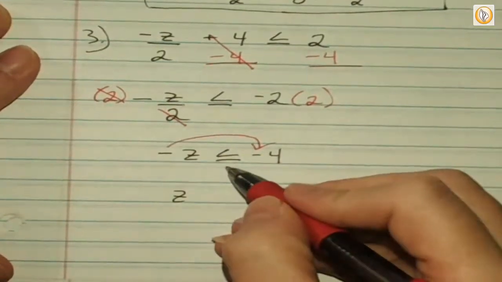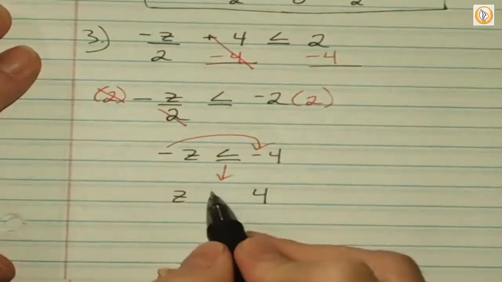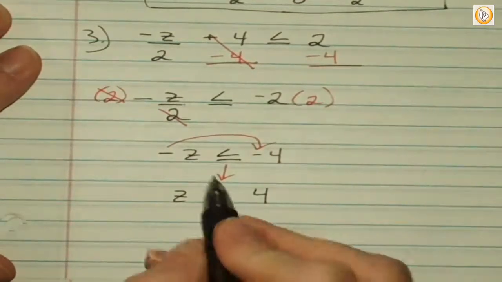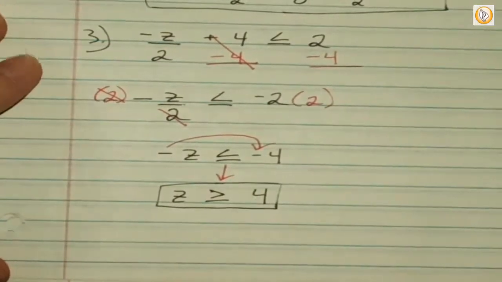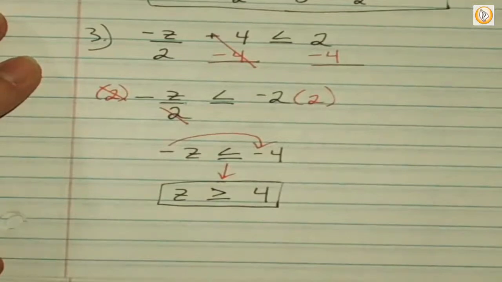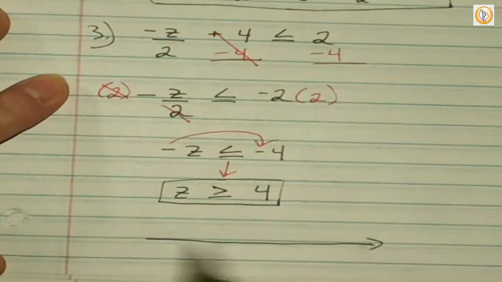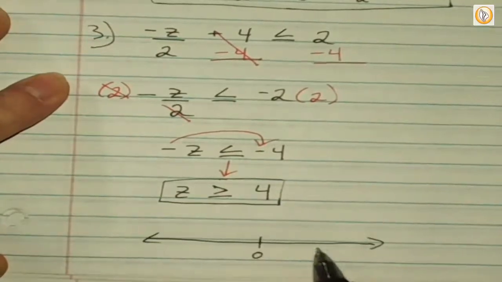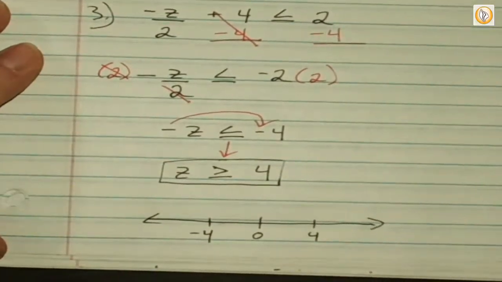What do I do to this sign? Don't forget that. Okay? Now we need to graph it. All right, Emily, closed or open circle?